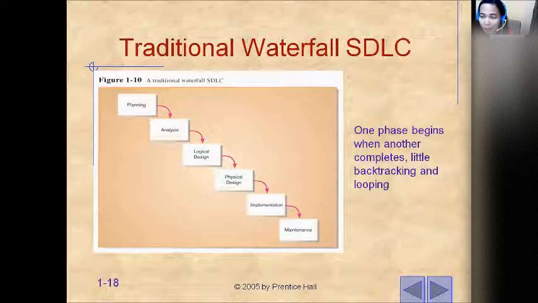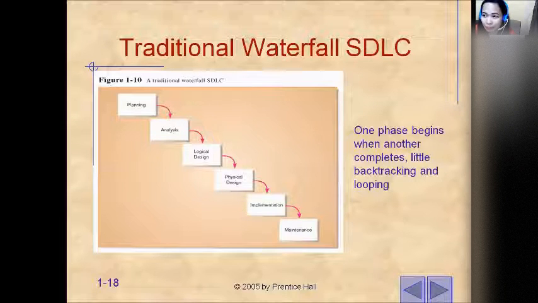Under the SDLC, we only had the design phase, but under the design phase we also have to discuss the logical and physical design. In the traditional waterfall SDLC, you first discuss the logical design before moving on to the physical design. One phase begins when another completes, with little backtracking and looping.